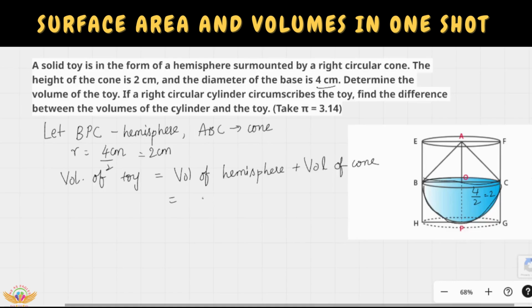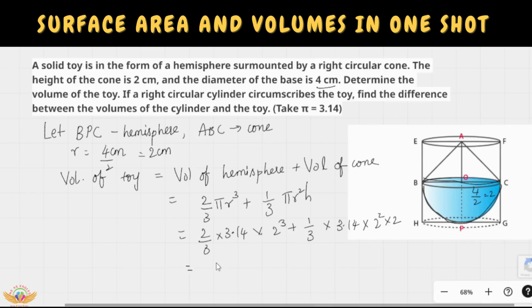The volume of the hemisphere is 2 by 3 pi r cubed, plus 1 by 3 pi r square h. So 2 by 3 into 3.14, they told us to take 3.14 as pi, into 2 cubed plus 1 by 3 into 3.14 into 2 square into 2.